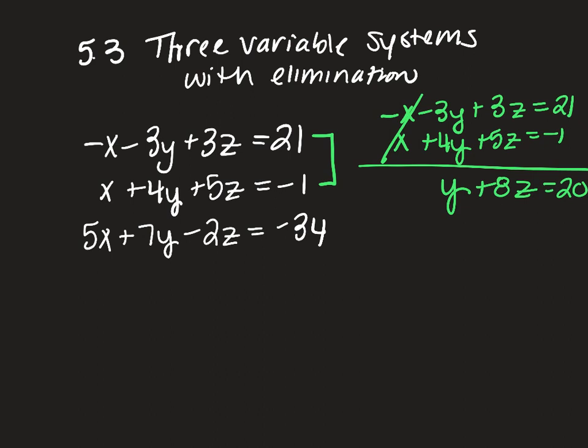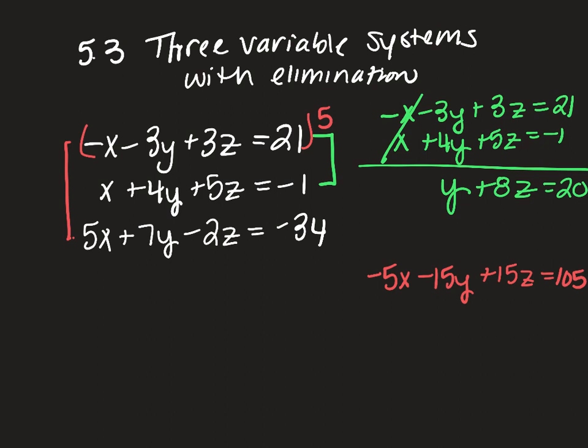So now I'm going to take the top one and the bottom one, multiplying that top equation by 5. Multiplying the top equation by 5 gives me negative 5x minus 15y plus 15z equals 105.